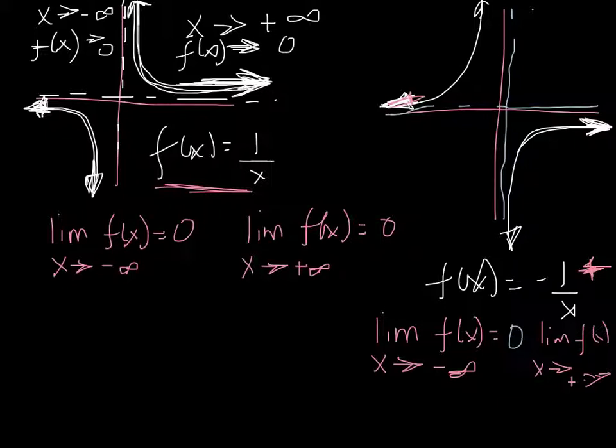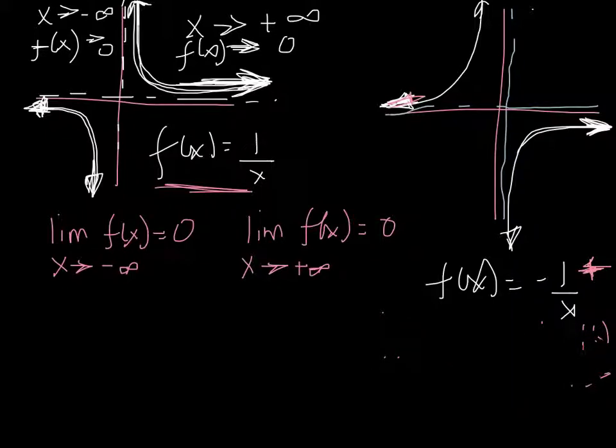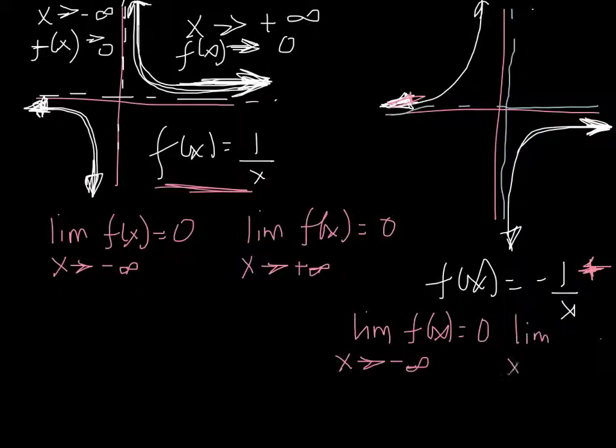Okay, I'm just going to erase all this so I have room, sorry. Alright, the limit as x gets smaller, f of x equals 0, and as x approaches positive infinity, f of x, again, approaches 0.